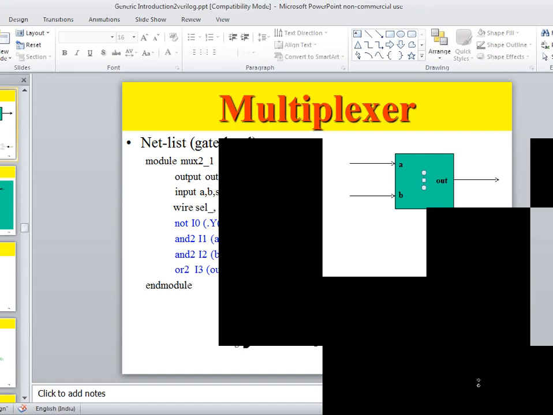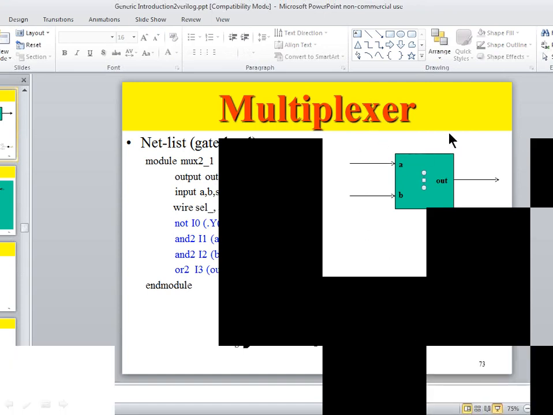This is my A input, this is my B input, and this is my output. This is a multiplexer 2:1.